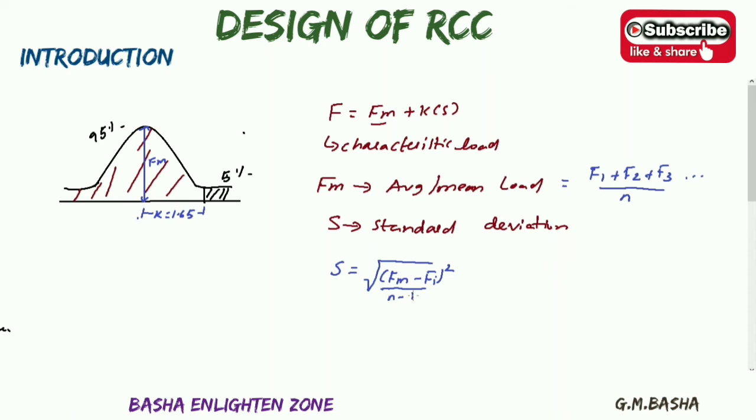So don't bother about this one. I will explain one problem on this. See here, RCC limit state is based on 95% probability load, and again pavement design is based on 98% probability load. So please remember that one, and I will solve one question based on this.